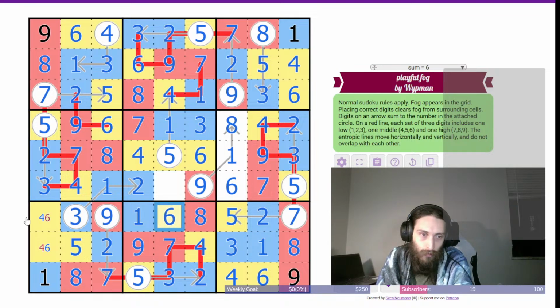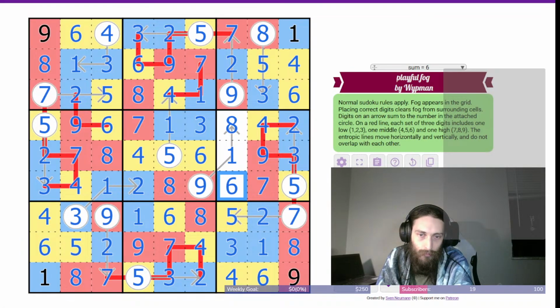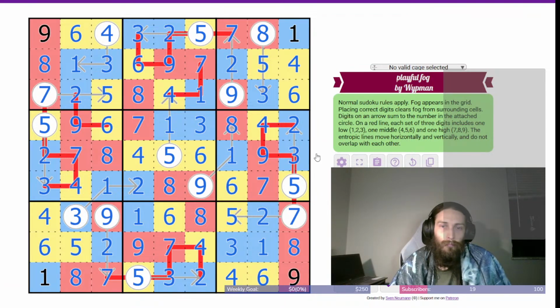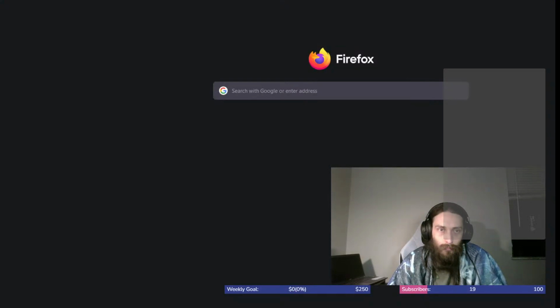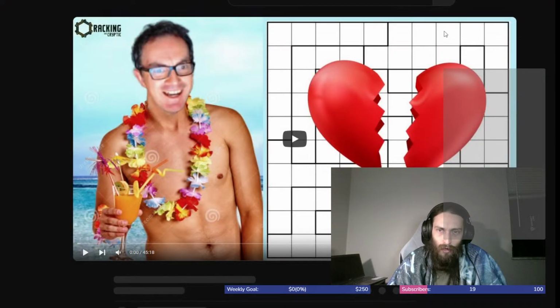This is yellow. This is over here. A red 8, and it's apparently a puzzle. There we go. Finish the color. Nice. Let's go.